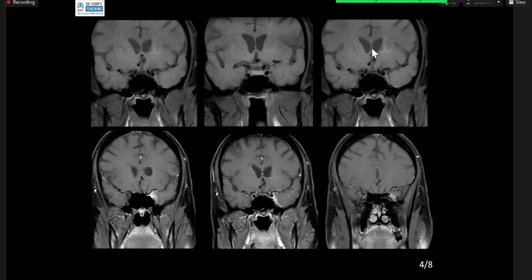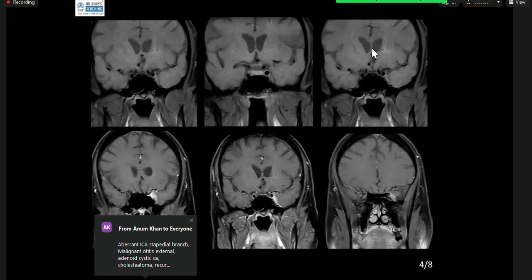So in the first row are the plain coronal sections, and the second row is the post contrast, at the level of the lateral wall of the cavernous sinus, I guess, which is also somewhat abutting the carotid, the internal carotid artery.